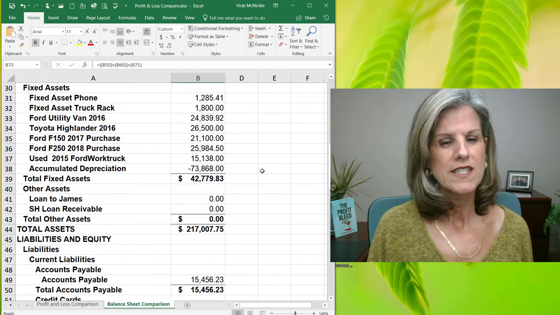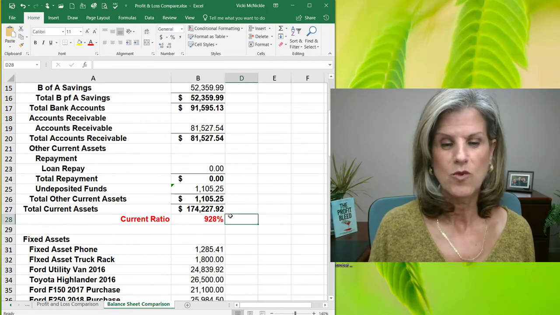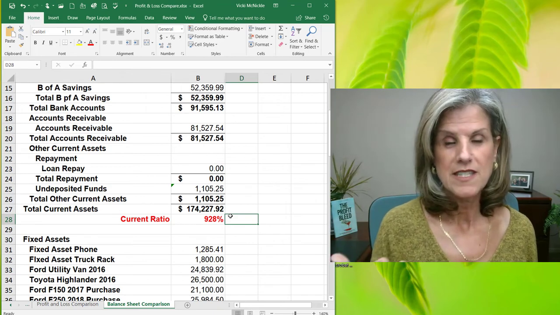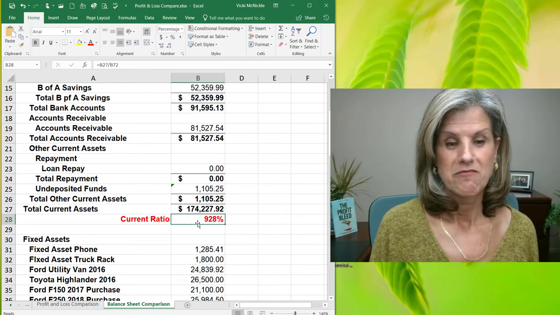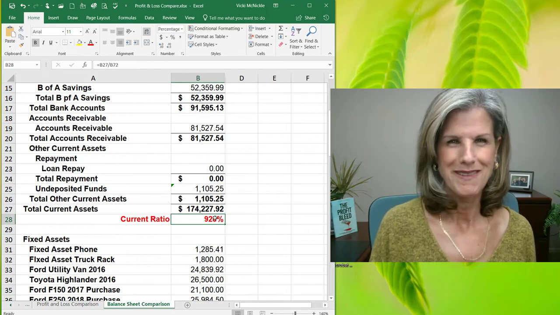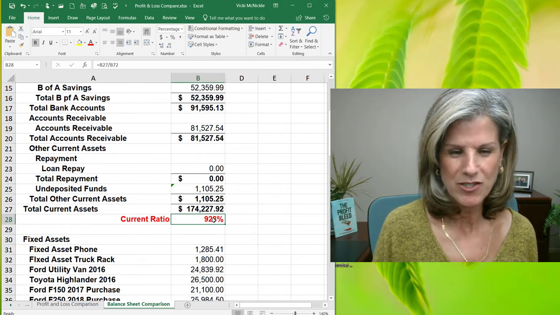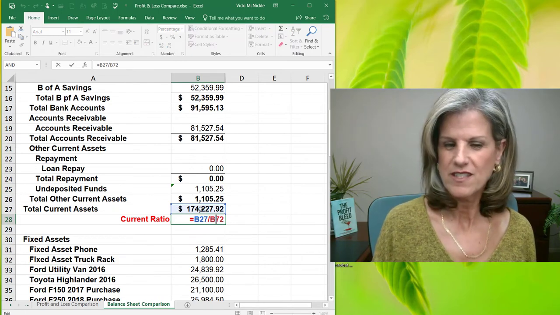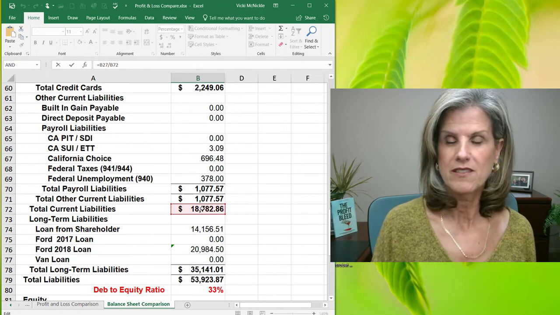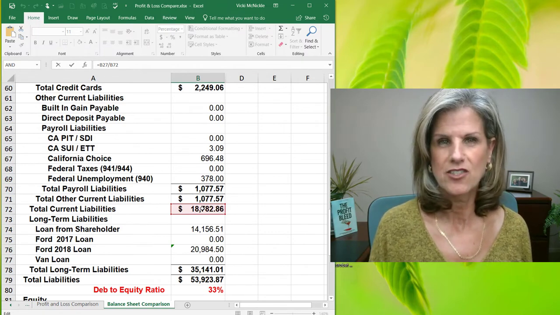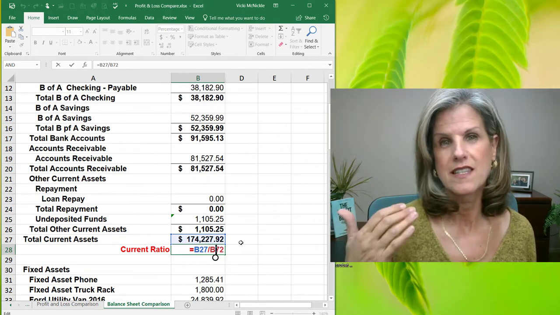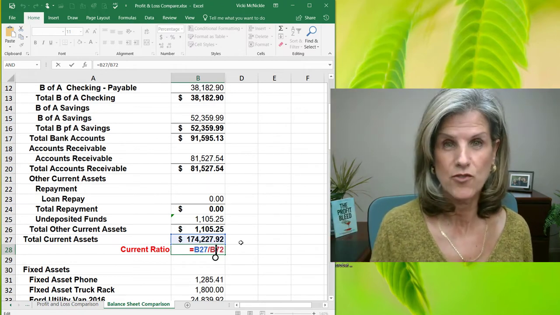And so what's the number that you want that to be? You want it to be at least a 2-to-1 ratio. Now you can see from this it's 9.28. I know there's not a percentage point there. If I take the $174,000 and divide it by the current liabilities of $18,782, that is 9.28 times more assets than liabilities, current assets versus current liabilities.